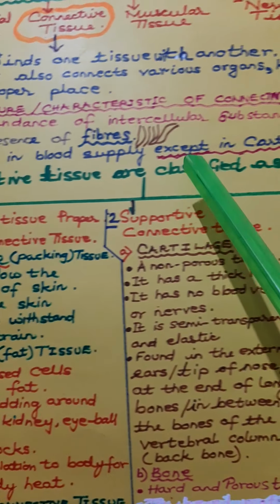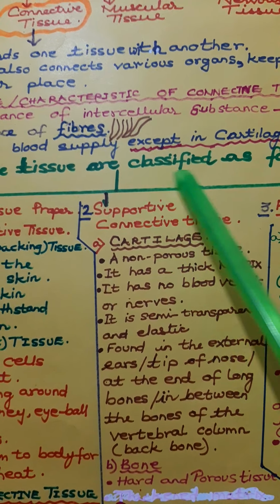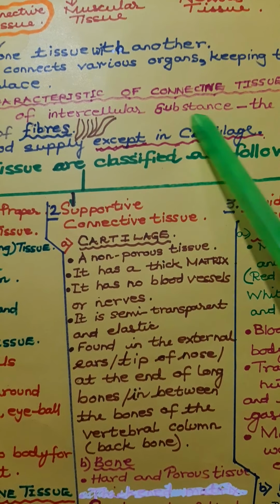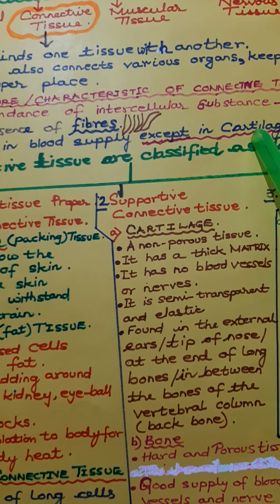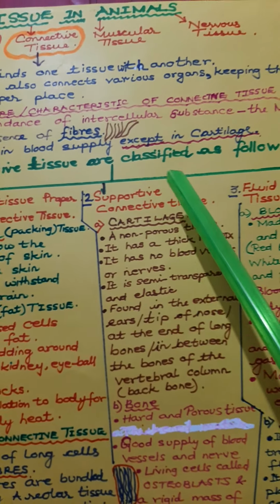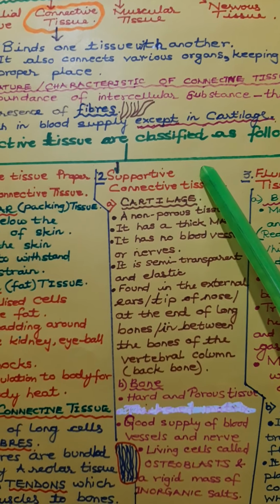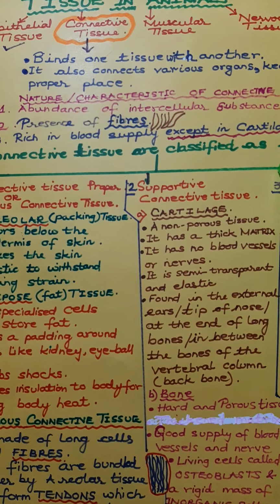Okay, but there is an exception. One connective tissue does not have it, except cartilage. Cartilage only does not have the blood supply. Okay. Now, connective tissues are classified as follows. There are connective tissues of different types.